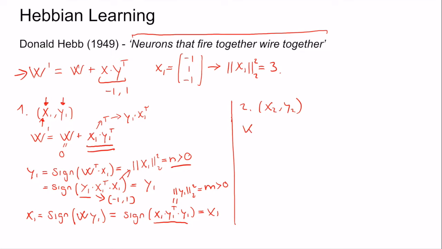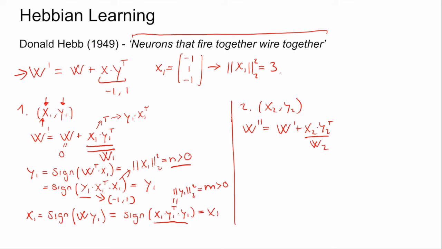W prime is equal to our previous W plus x2 times y2 transpose. I'm going to call x1 times y1 transpose w1, because it's the correlation matrix of the first input pair. And now I'm going to call this w2.